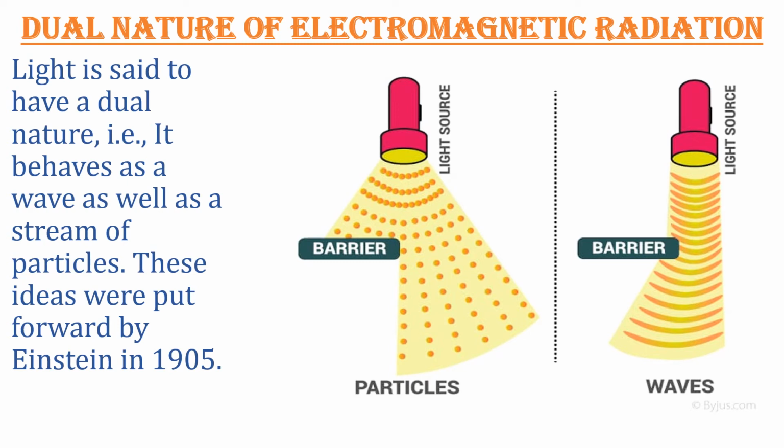So we can say that light has a dual nature, that is, it behaves as a wave as well as a stream of particles.